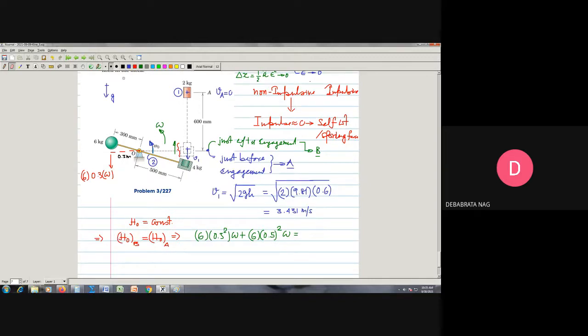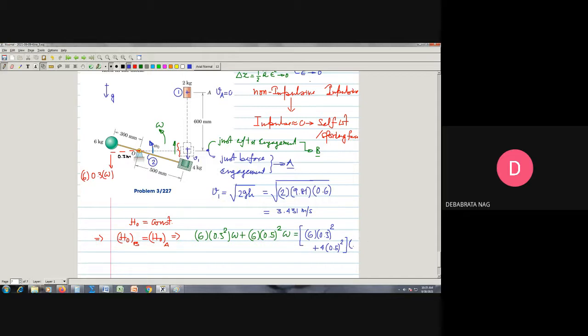So therefore, the angular momentum of this system now becomes equal to how much? I write it in the blue pen because it is just before the engagement. So it is turning out to be 6 into 0.3 square, correct? Plus 4 into 0.5 square, right? This multiplied by omega naught.